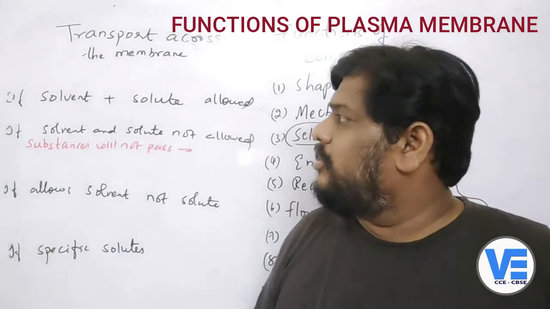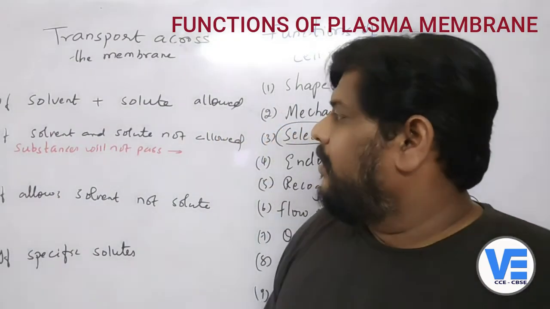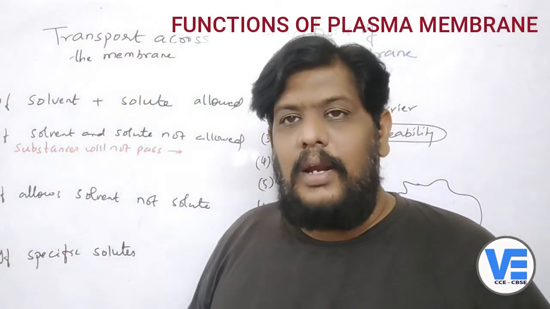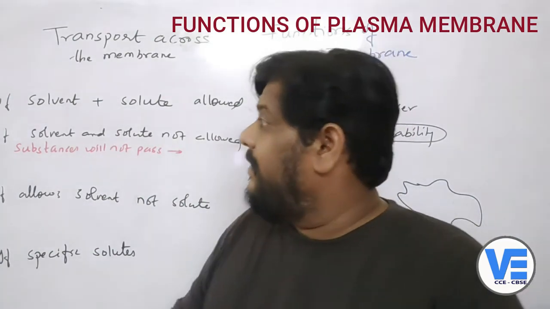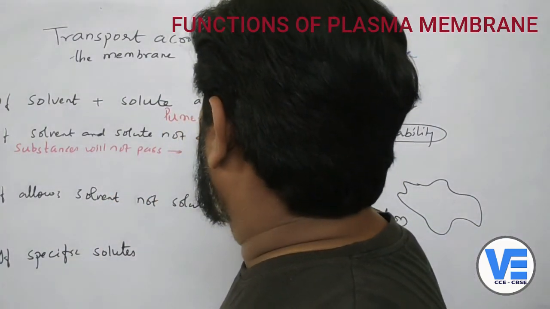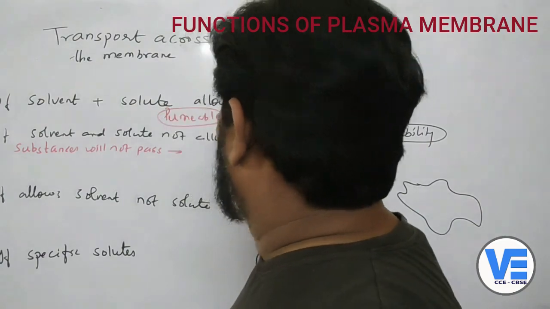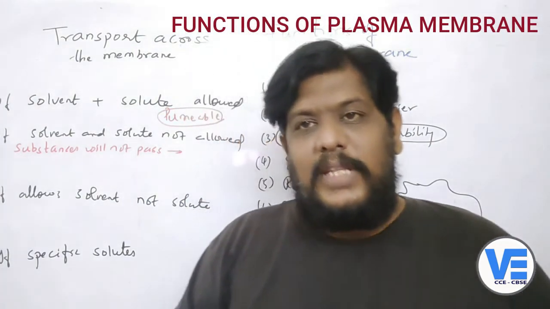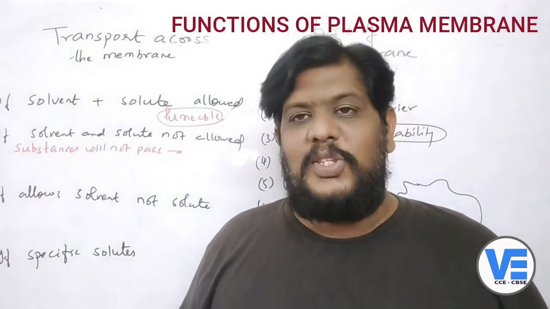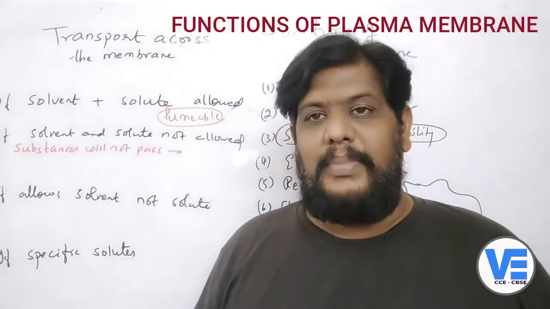In the first condition, if solvent and solute both are allowed, then we call this cell membrane a permeable membrane. That means it is allowing both solvents and solutes through the membrane.